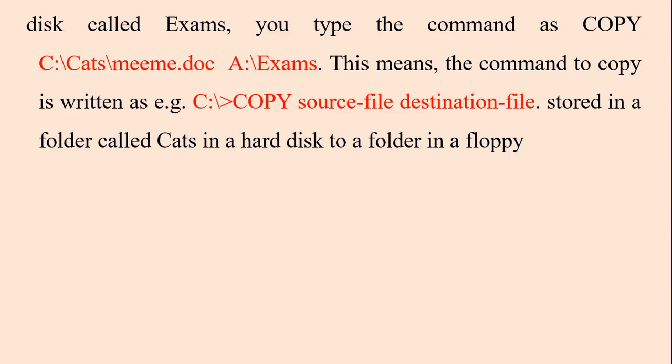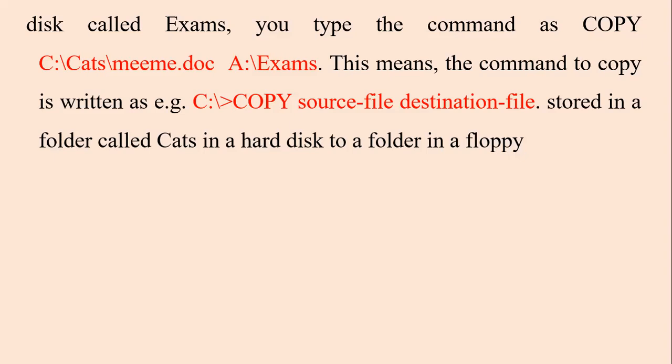So C:\cats is the current location of the file that you want to copy, while A:\exams is the folder or directory in which you want the duplicate file to be taken. So this means the command to copy is written as, for example, C:\, that is the command prompt. At the command prompt, you type copy, then source file.